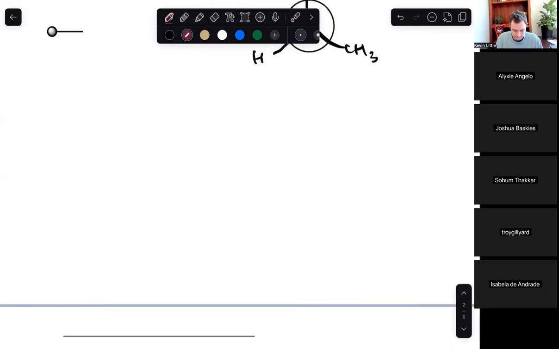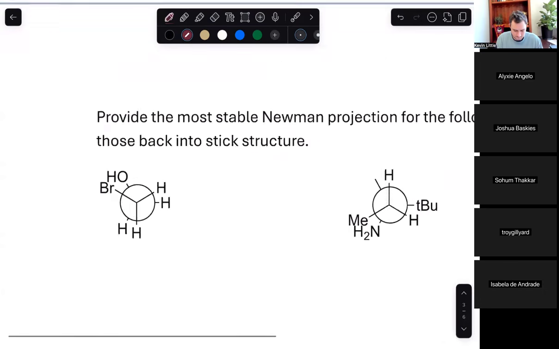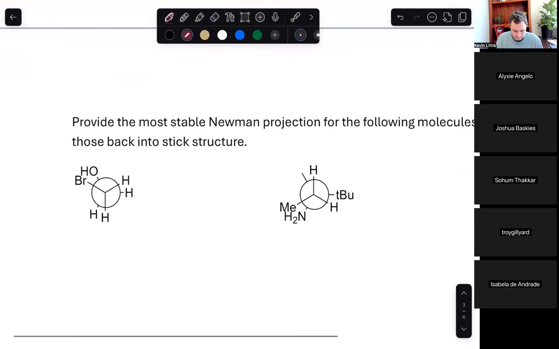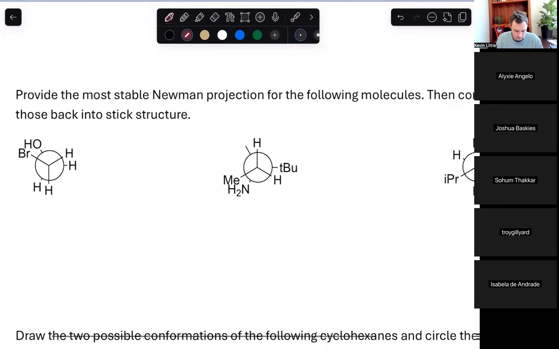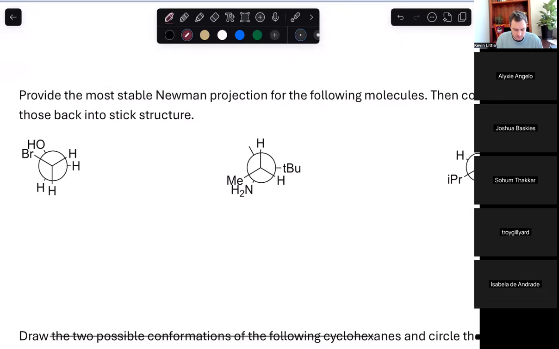In the answer key it shows tert-butyl on the left side. Would it be correct if you put it on the bottom right, with everything still drawn correctly? Because I didn't define whether it's left or right, if I don't define left or right, then it doesn't matter. On a test I'm going to define left and right.